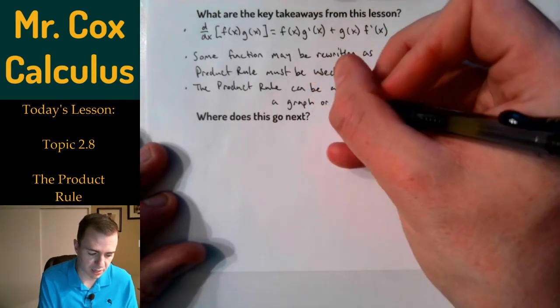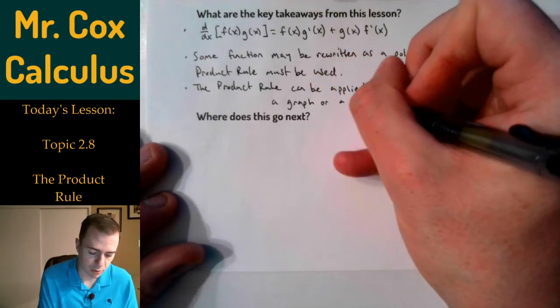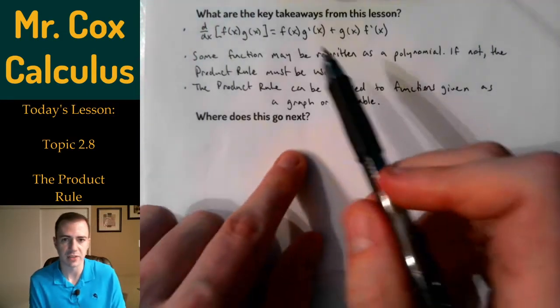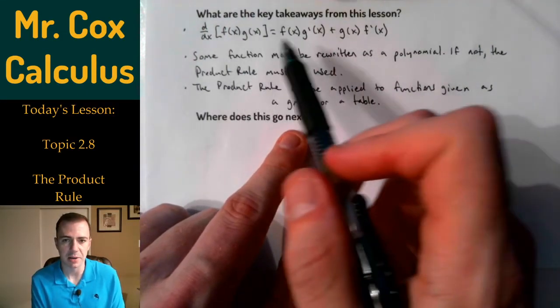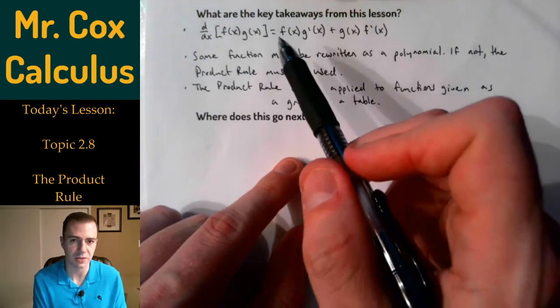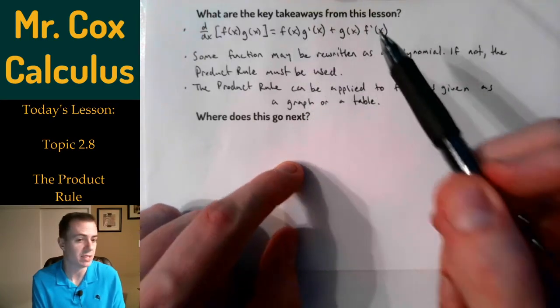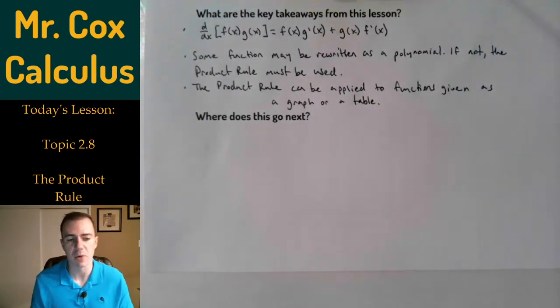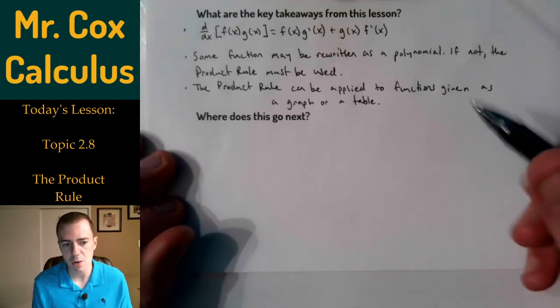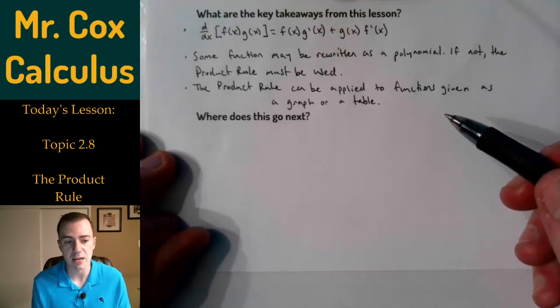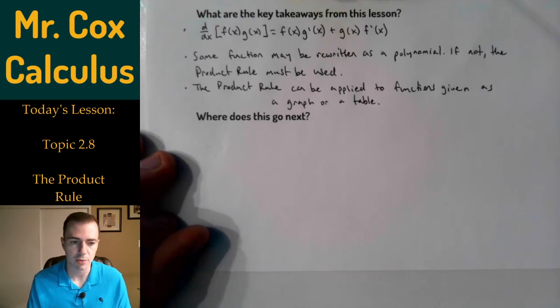I also can construct a table that really tests your knowledge of, can you apply this product rule, and then do you understand what each of these individual pieces is referencing from a graph or a table. So know that you can look at that and apply the product rule through that way as well.